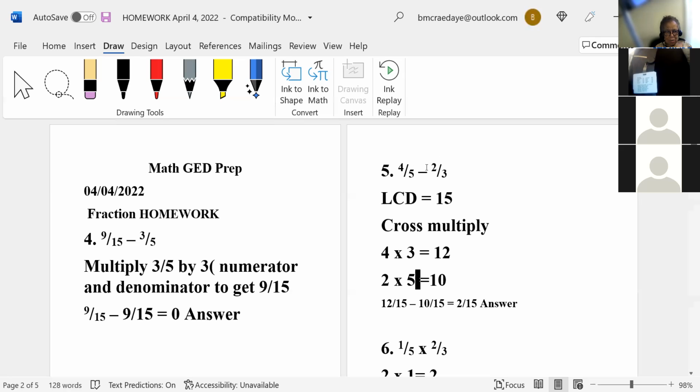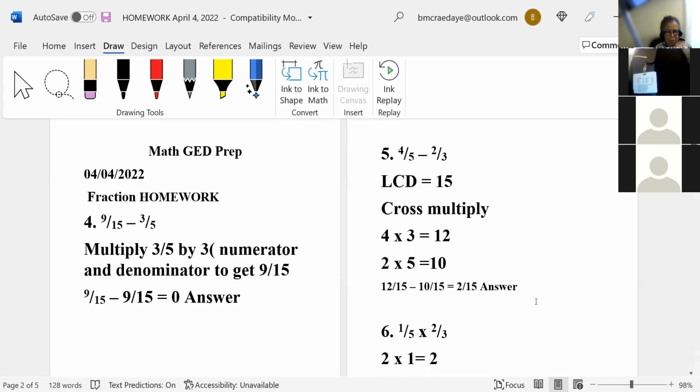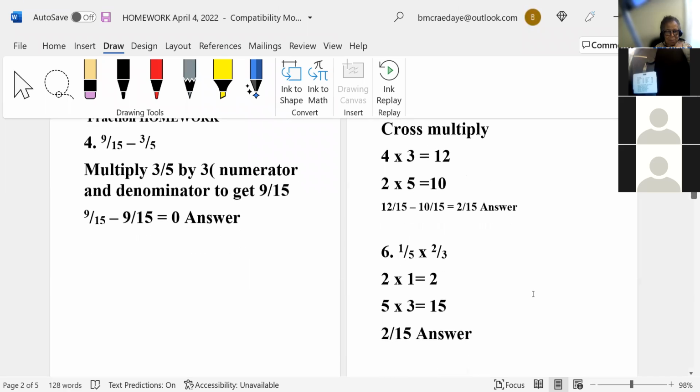Oh, that's a subtraction sign. So you subtract the 10 over 15 from the 12 over 15, and your answer is 2 over 15, because you subtract the numerators since your denominators are the same. Got it? Yeah.